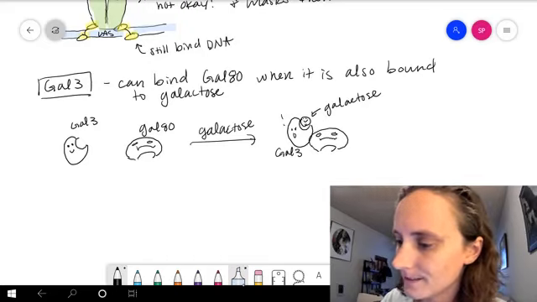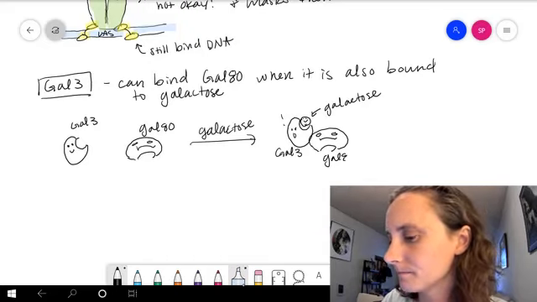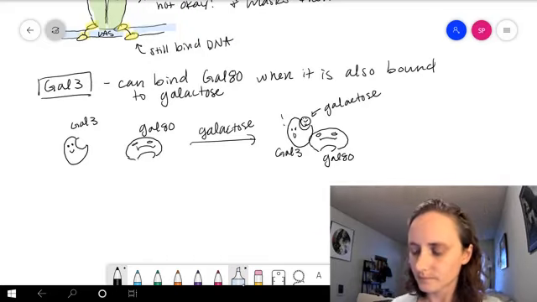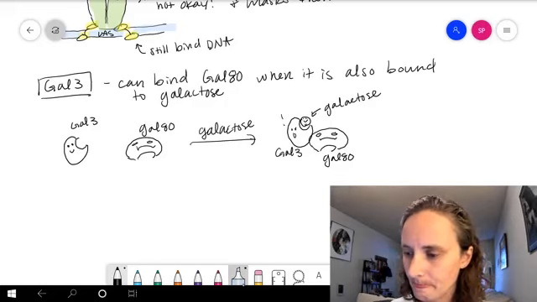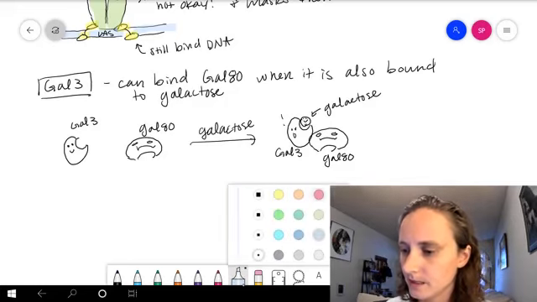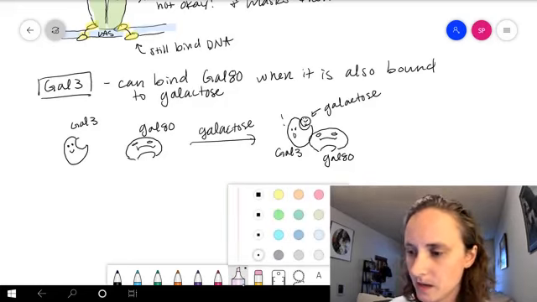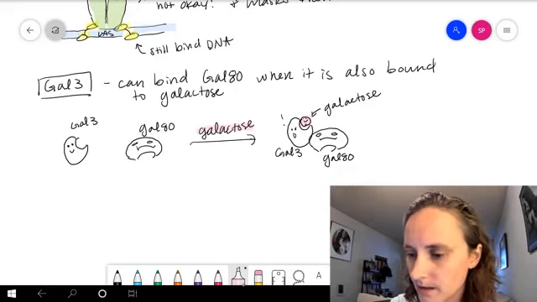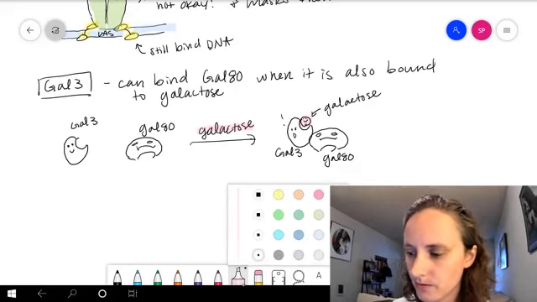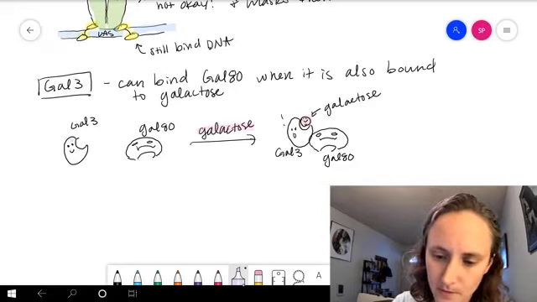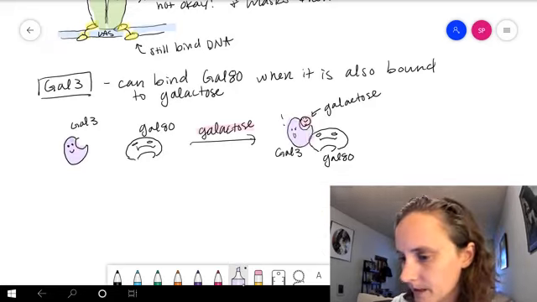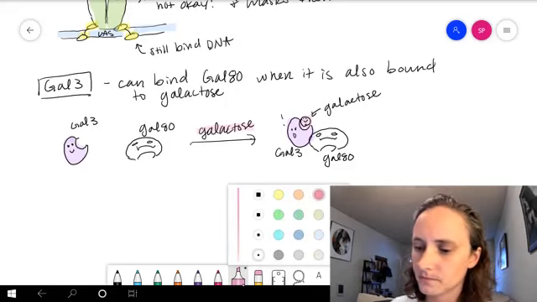Gal80 is along for the ride. Let's color everybody in. All right, so galactose, we're just gonna make it pink because why not? Gal3 is gonna be purple. And Gal80 is our nice red color.